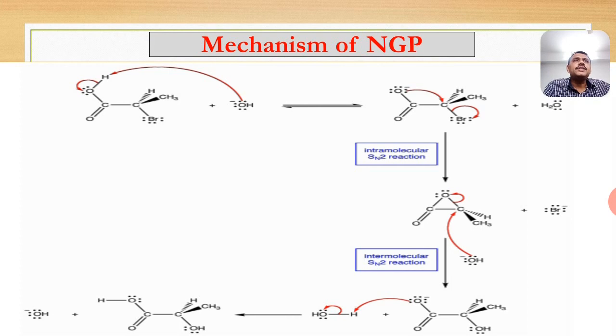Regarding the stereochemistry of NGP reactions, normally nucleophilic substitution reactions, SN1 or SN2, have inversion of configuration or racemization, but due to neighboring group participation there is 100% retention of configuration. This is very important to know: the NGP reactions give 100% retention of configuration.